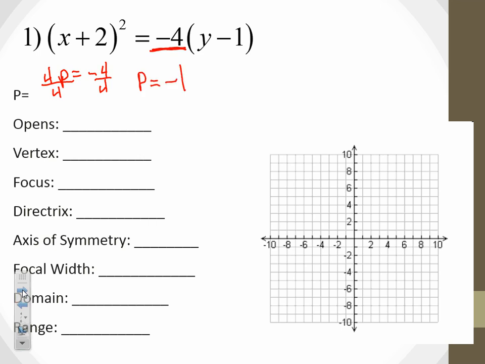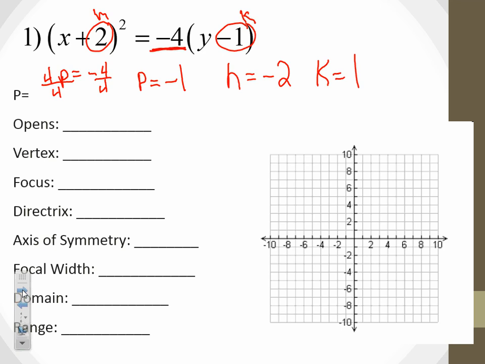Also, where my p's are, I like to find my h and my k. For this one, this right here is my h and this one here is my k. We always do the opposite of both of these. So the opposite of positive 2 is negative 2, and the opposite of negative 1 is 1. So there's my h and my k.